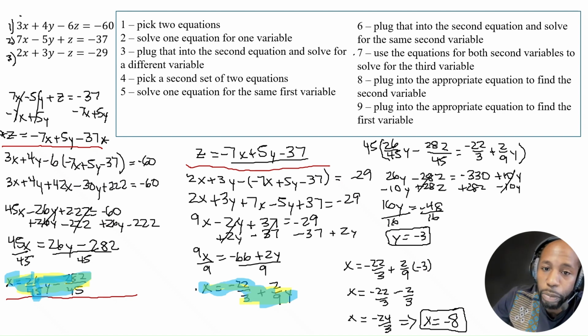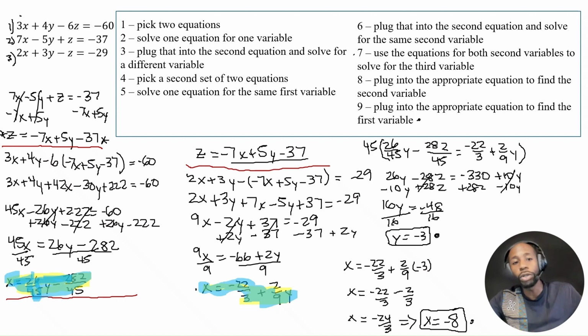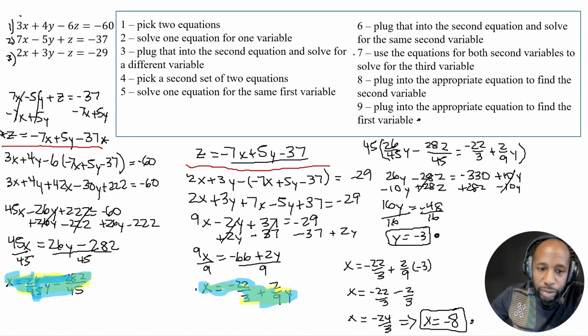Now you plug into the appropriate equation to find the first variable. So we're going to plug y equals negative 3 and x equals negative 8 into either of our original 3 equations. Okay, I'm just going to pick the third one. So let me erase this line.